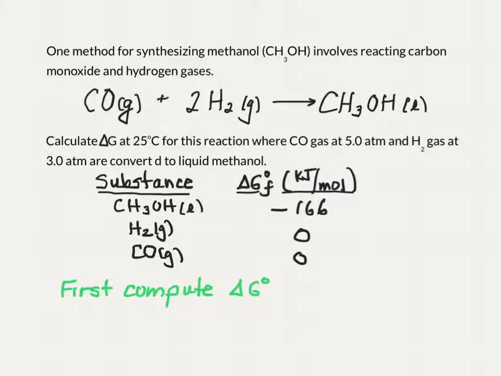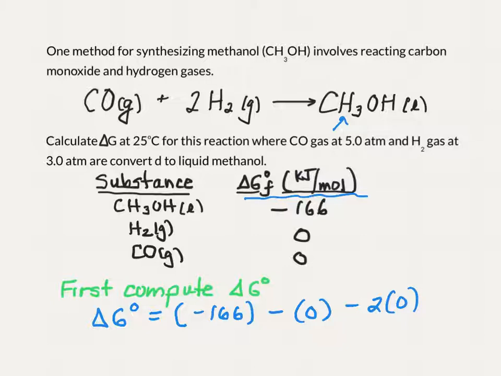First, let's go ahead and use these delta G's of formation to find the delta G for this reaction. Okay, so delta G, remember, is just products minus reactants. So products, minus 166, minus the value for CO, minus 2 times the value for H2.